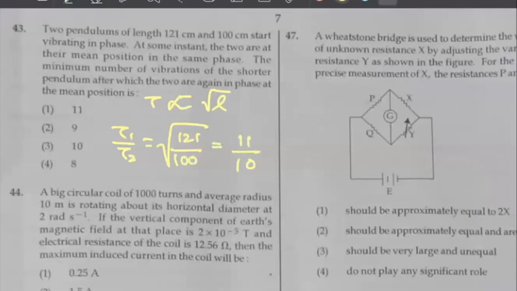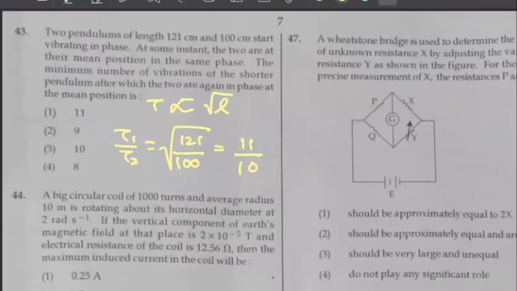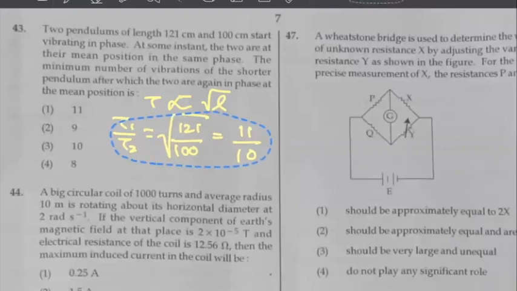This is 10. So their time periods are this, or their frequencies are 10 by 11, whatever you want to call it. So now the ratio of the frequency, right, N1 by N2. Yes. So N1 by N2 would be 10 by 11.